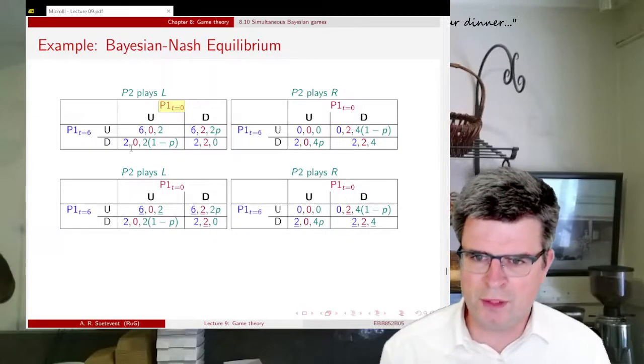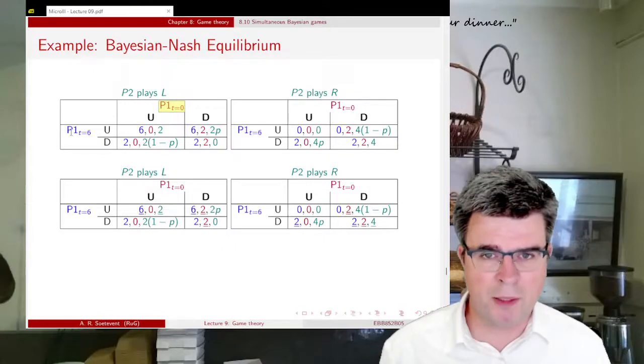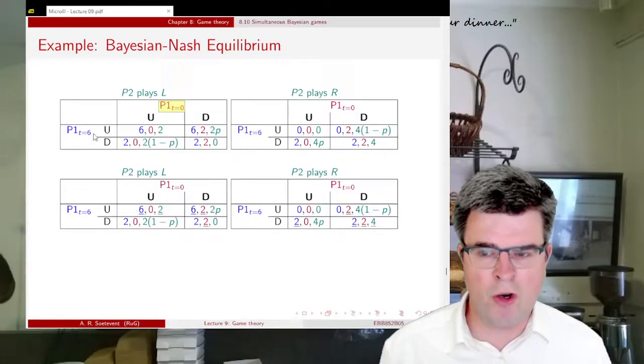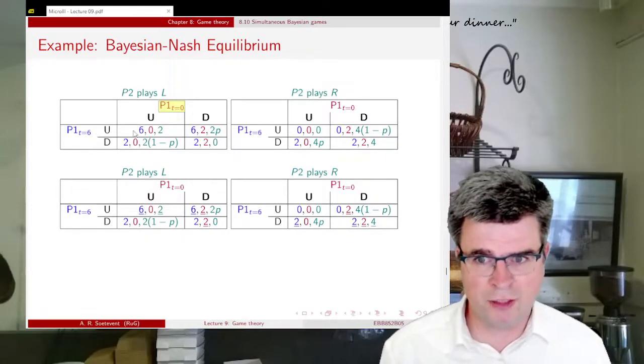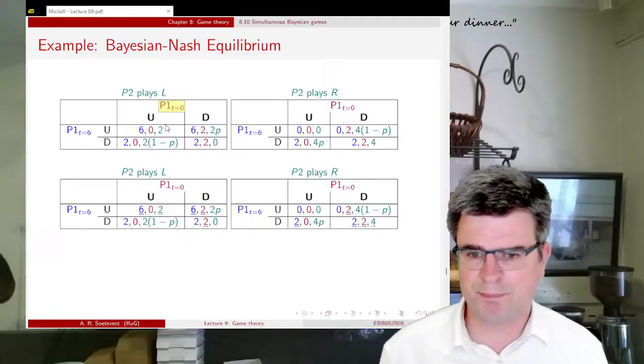Same here. And also for the player 1 of type t is 6, the two 6s here are always identical. These two entries, the 2s, are always identical because the payoff of player 1 when he's of type t is 6 does not depend on what he would decide if he were of the other type.